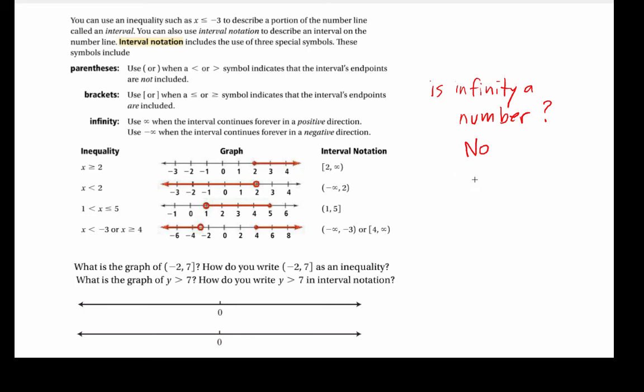There is no limit to how far into the negatives we get. There is no limit to how far left on a number line we get. So this is just to say this is going to keep going forever in a positive or a negative direction. So infinity is not a number, okay? And that's going to be key on the part that we're going to look at here in our interval notation.